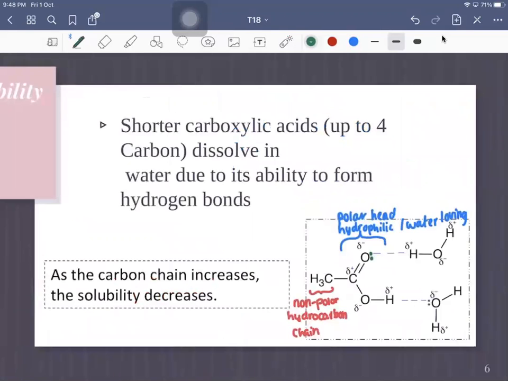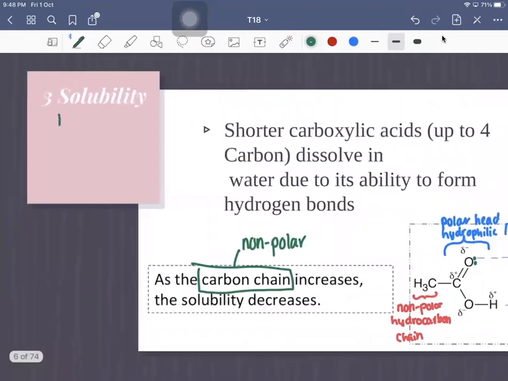The general rule is that as the carbon chain increases, the solubility decreases. The reason is because the carbon chain is nonpolar. Okay, so we're talking about the solubility in water. Please add on to your heading: solubility in water.